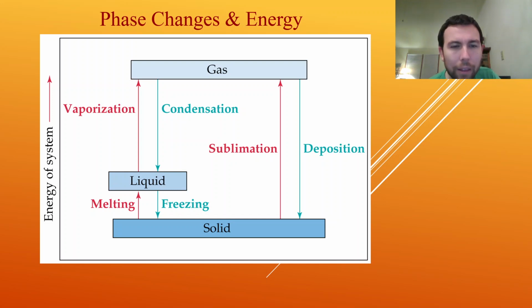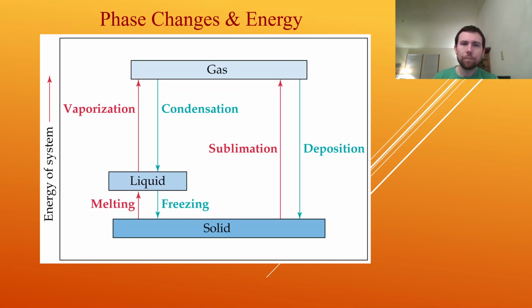What that's telling us is that energy has to go into the solid to convert it to a liquid, or energy has to go into the liquid to convert it to a gas, or energy has to go into the solid to convert it directly to a gas. So each of those processes that I just mentioned that are highlighted here, melting, vaporization, and sublimation, would be considered endothermic because energy is going into the system, which is our substance, the solid, the liquid, or the gas.